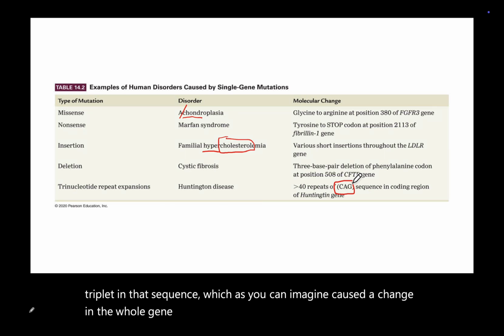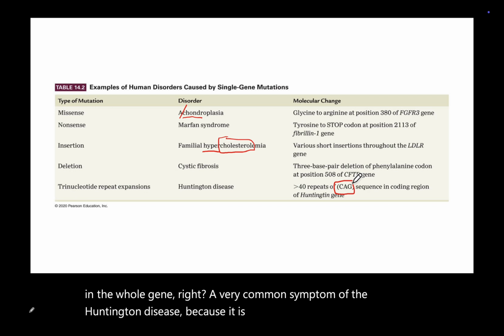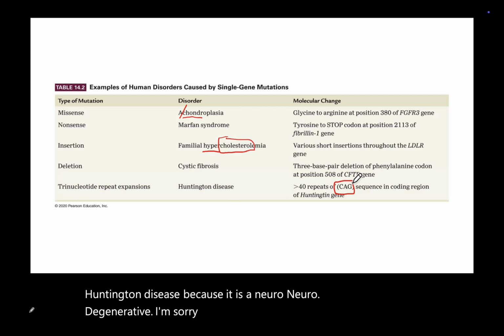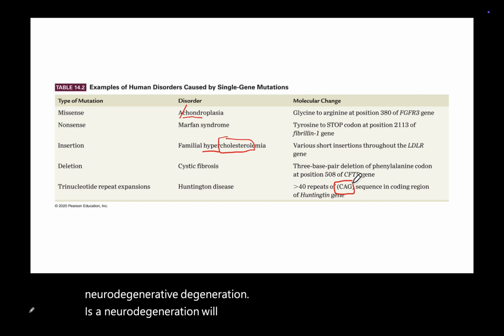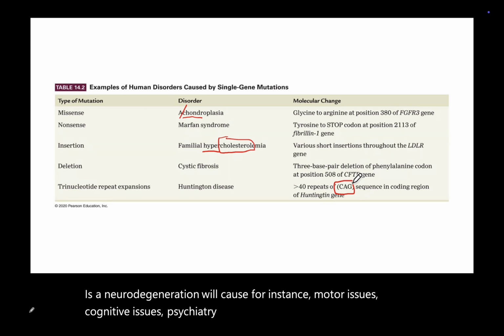A very common symptom of Huntington disease, because it is a neurodegeneration, I'm sorry about mispronouncing this word, will cause, for instance, motor issues, cognitive issues, and psychiatric issues as well.